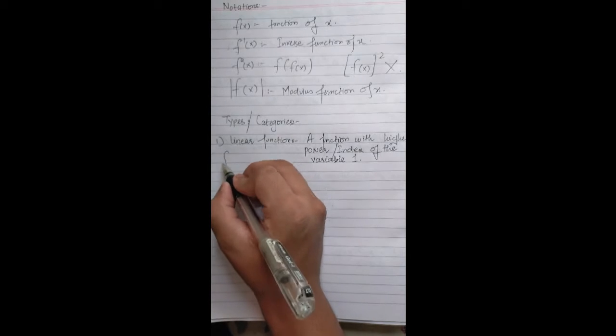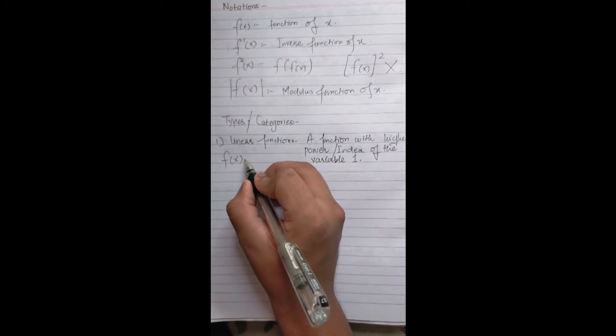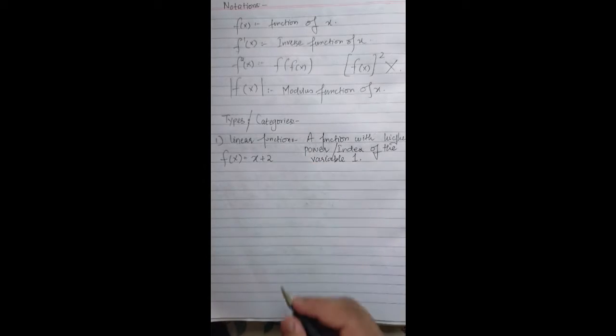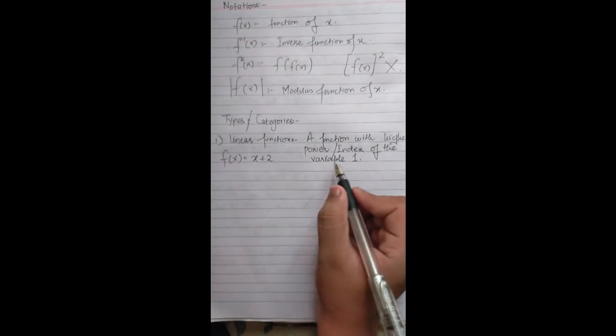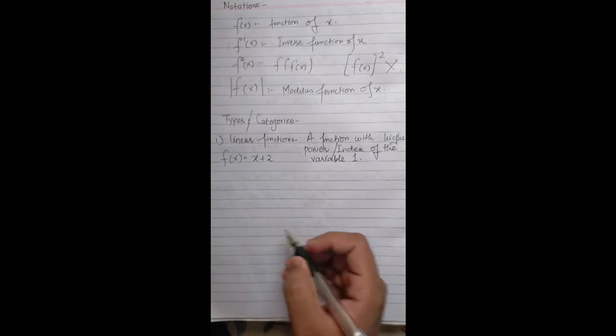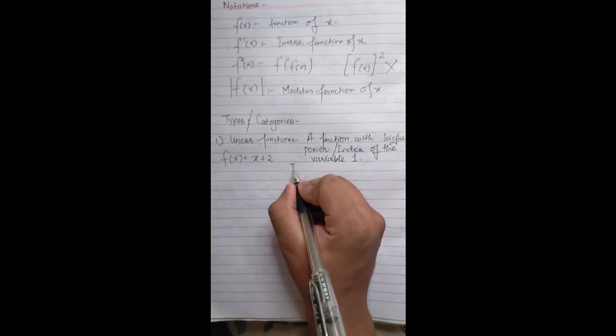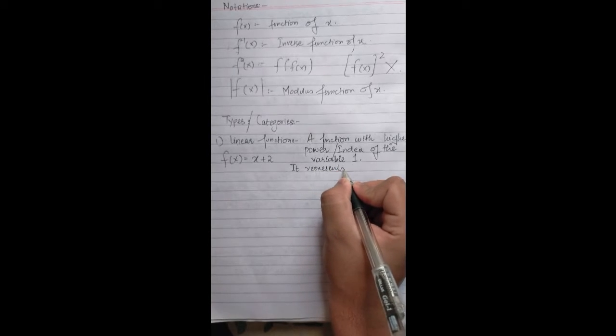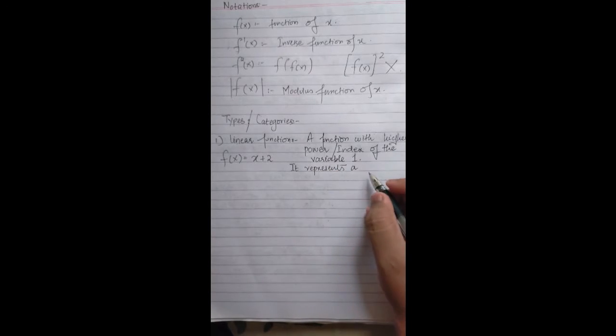This is an example of a linear function: x plus 2. The highest power of the variable is 1. It represents a straight line.